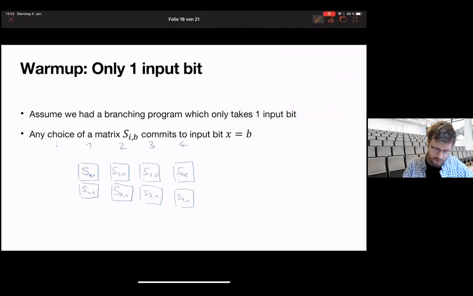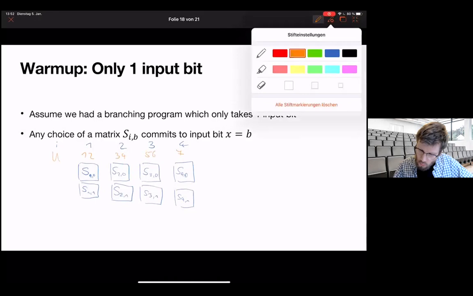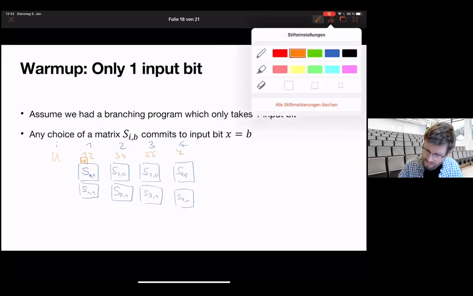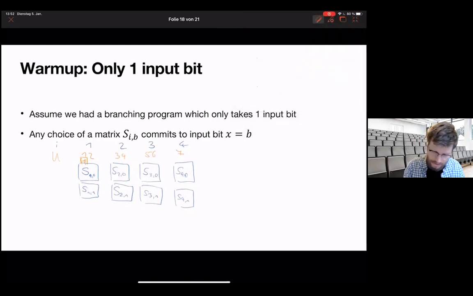So let's use maybe orange. So here we have 1, 2, 3, 4, 5, 6, and 7. Okay. So what I am going to do is this S10, I will encode at a level which just consists of, sorry, no, now it's wrong.